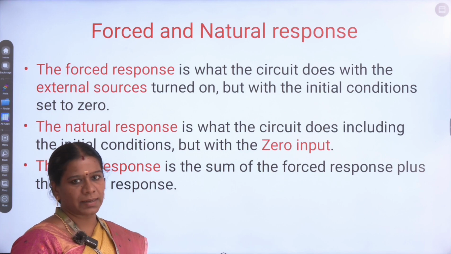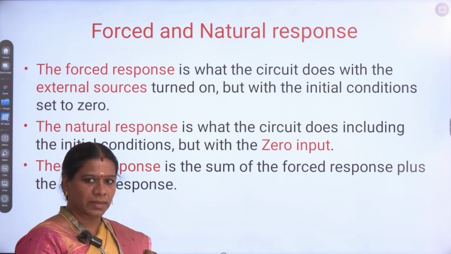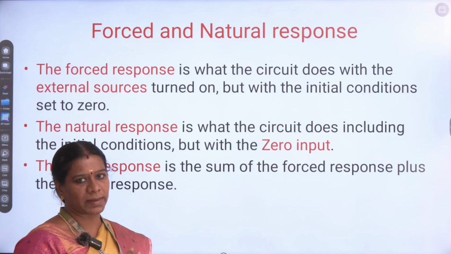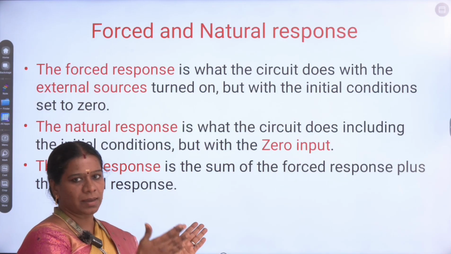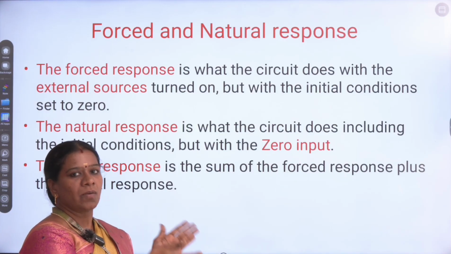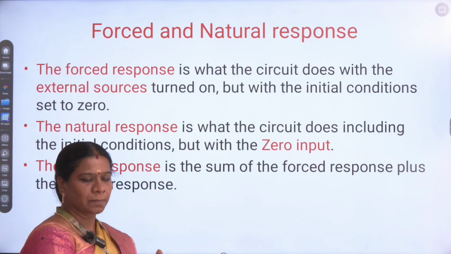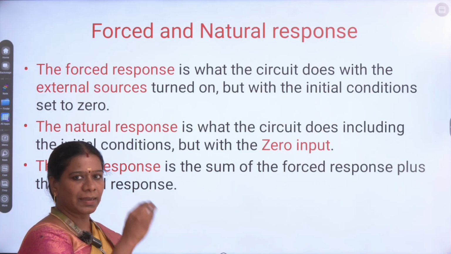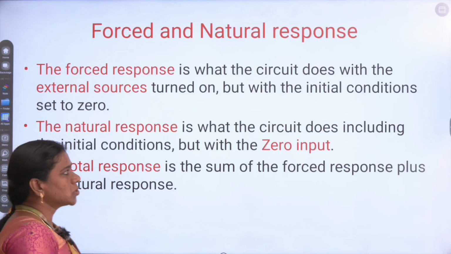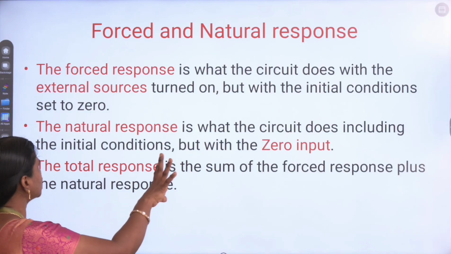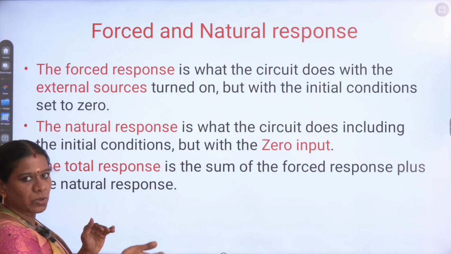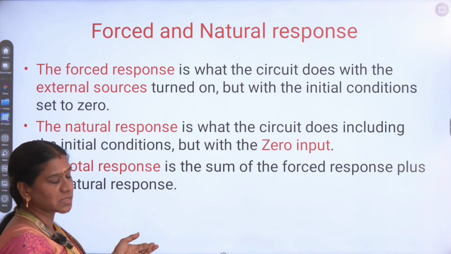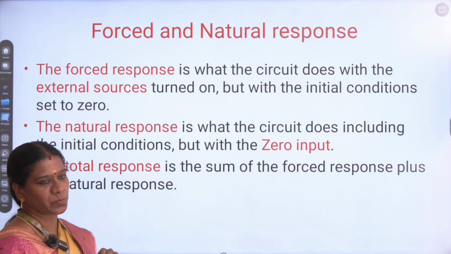The energy stored by the inductor and the capacitor leads to some voltage or current in them. So what is the current passing through the inductor, and through the capacitor, before switching? That is the initial conditions of the circuit. Assuming all initial conditions are zero, if an external input voltage is given to the circuit, that is the forced response.